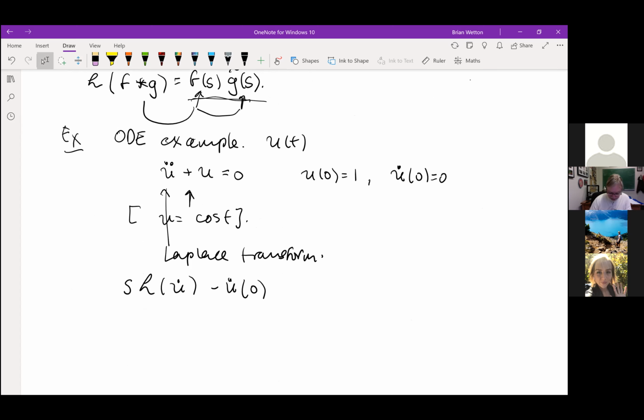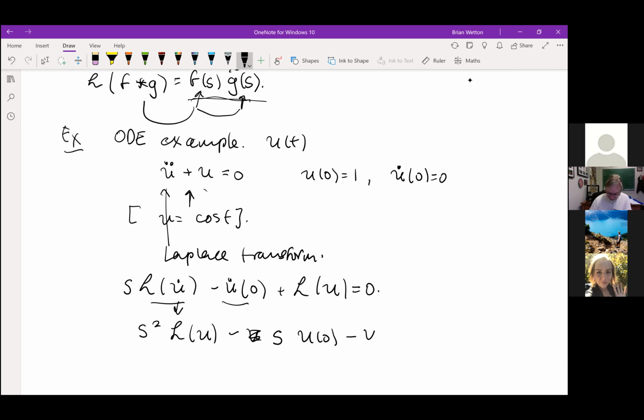And then I have to take the Laplace transform of u, and I get 0. Now I'm going to do it again. I have s squared times the Laplace transform of u minus s times the initial conditions. Then I've got this term, and then I've got this term.